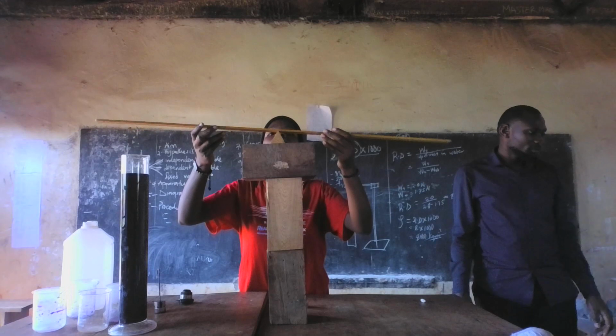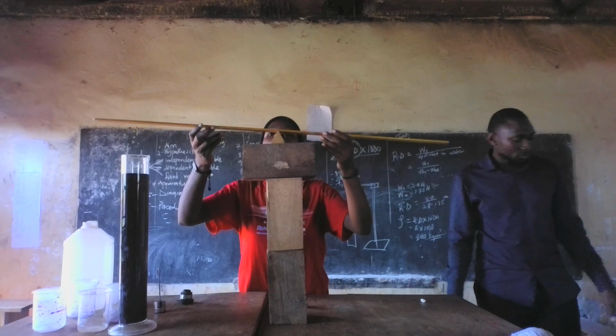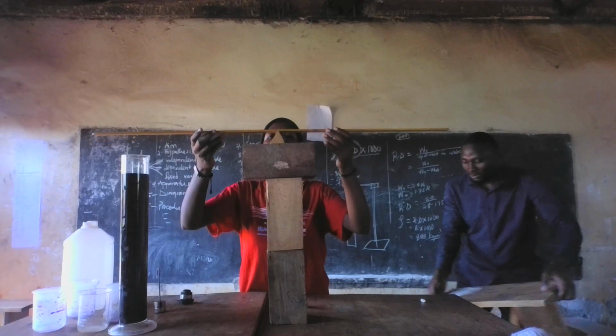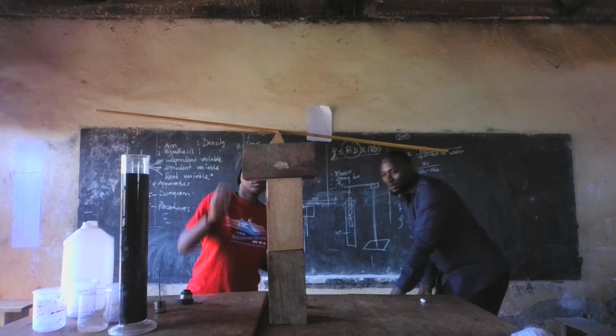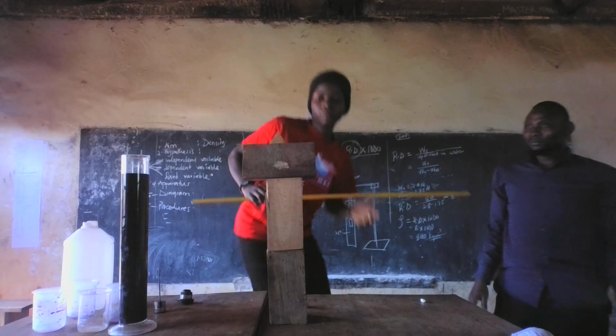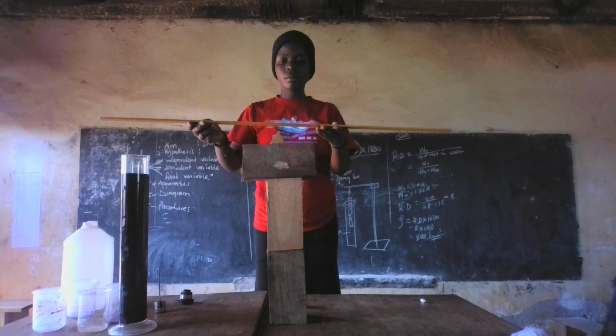Let's see how I put something. This one can stand alone, it can stand on this one. That is the value. Then from there, you tell us your value at which it is balancing.